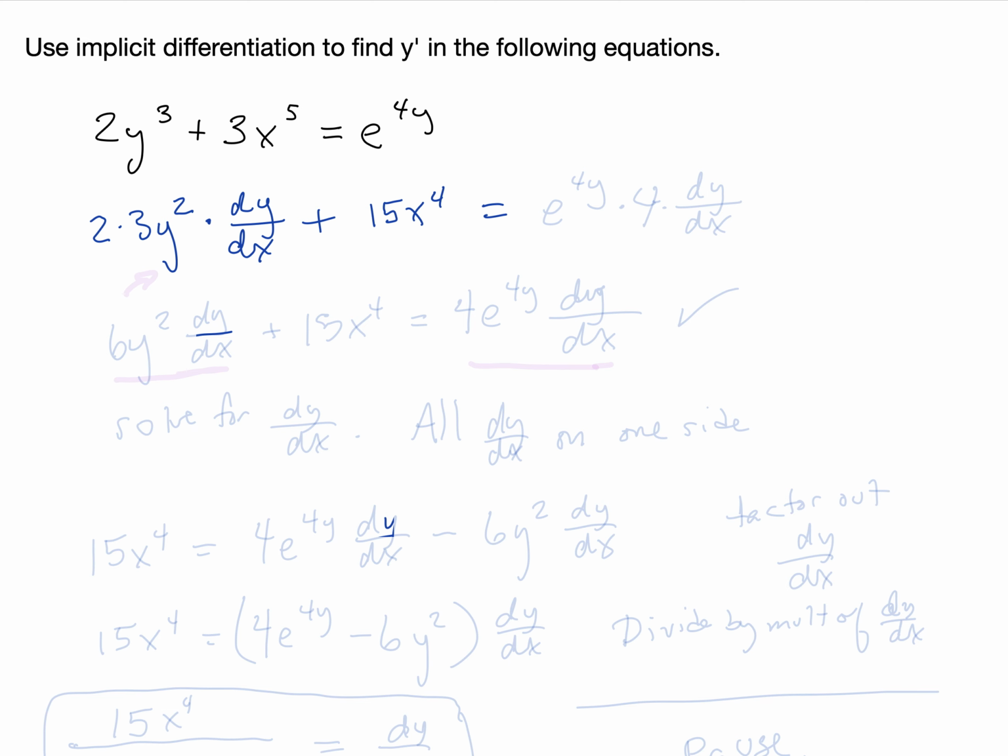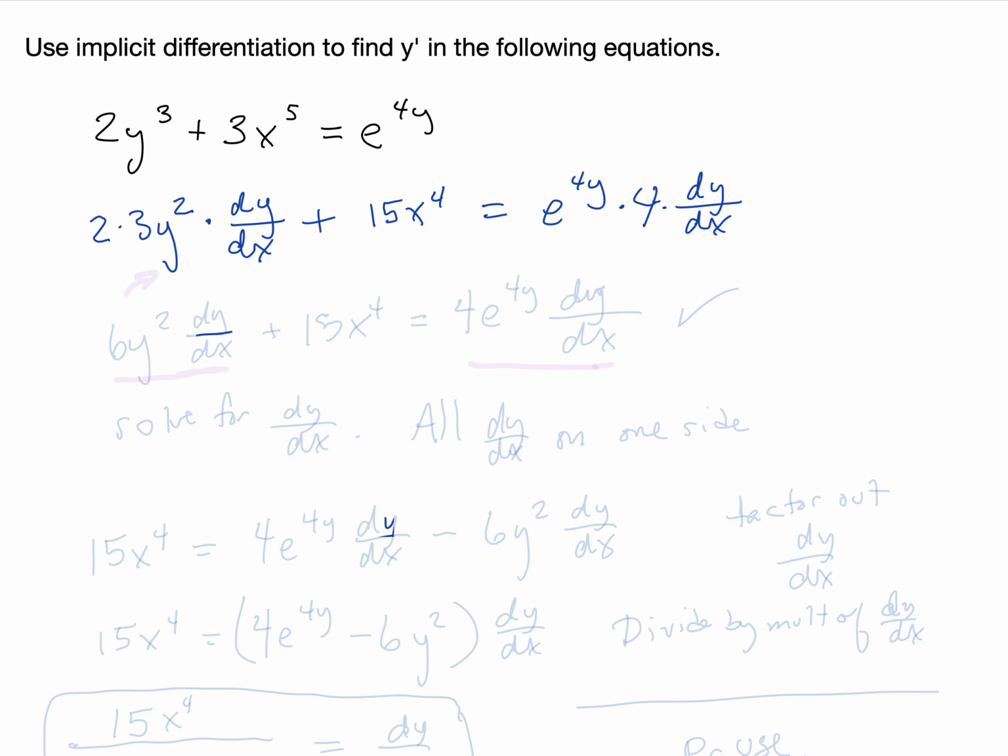Again, this 4y is the inside function, and the outside function is e to the something. The derivative of e to the something is e to that same thing, multiplied by the derivative of the inside. The derivative of 4y is 4, using the constant multiple rule, times the derivative of y, which is dy dx.